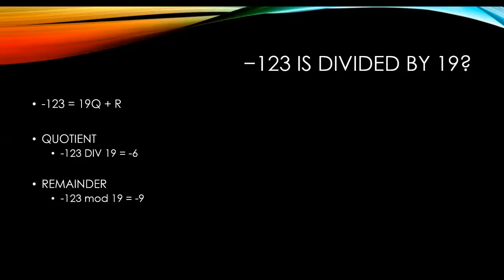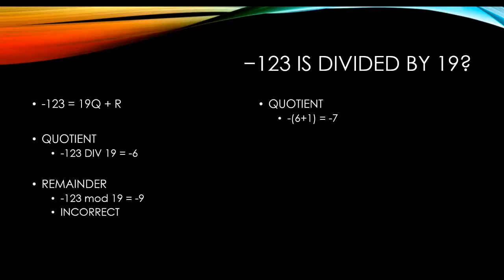But this is incorrect. Why? Because don't forget the remainder is always positive. So this result is not accepted. How are we going to correct this? Instead of negative 6, we're going to add negative 1 to it. So that will be the correct quotient.